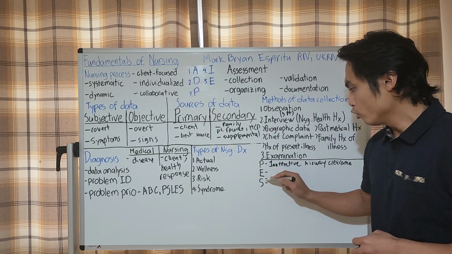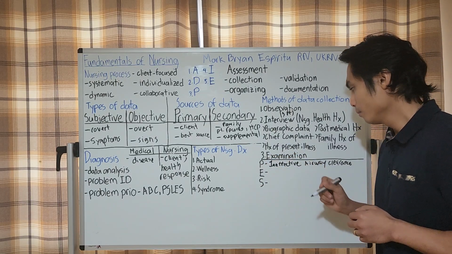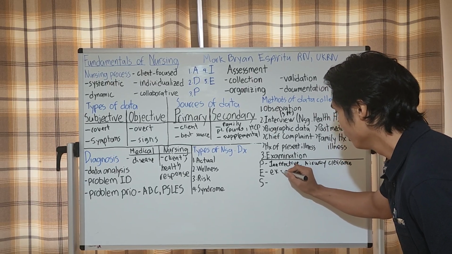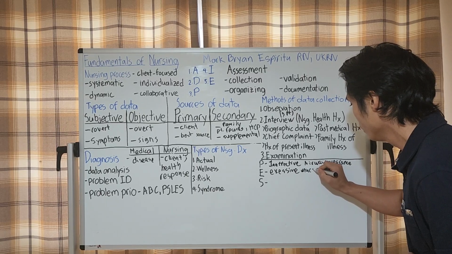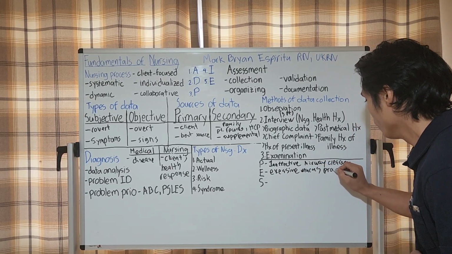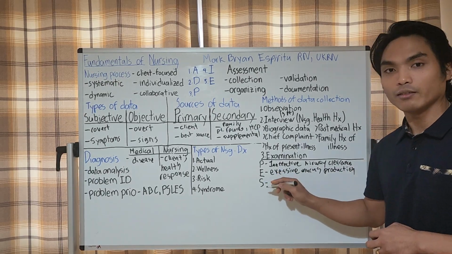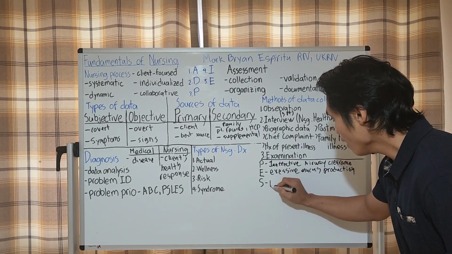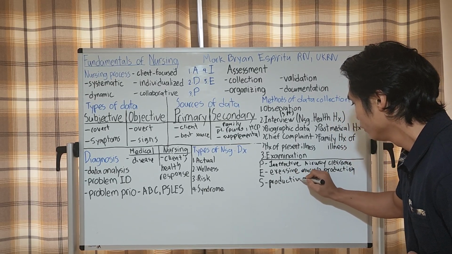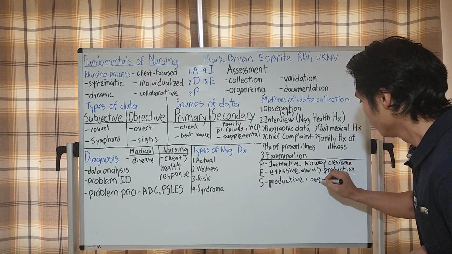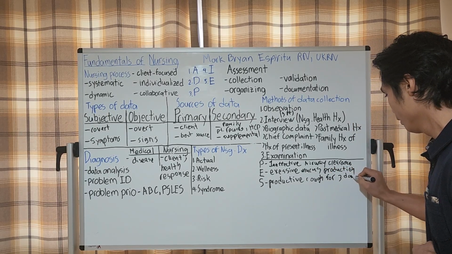What is the etiology? What can be an etiology? The cause of the problem. Excessive mucus production. And what can be the signs and symptoms here? Productive cough for 3 days.